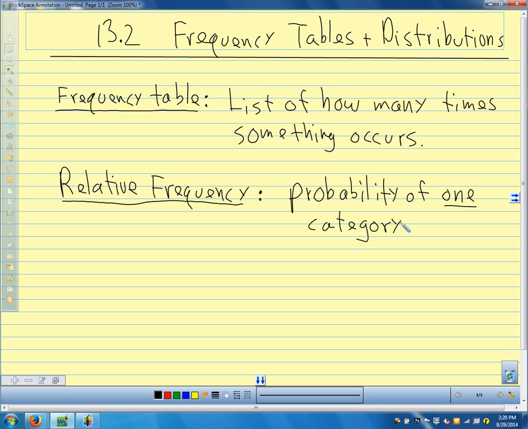So if we had our frequency table that showed freshmen, sophomore, junior, seniors, we could use those numbers to figure out what would be the probability, what percent of the school is sophomores.